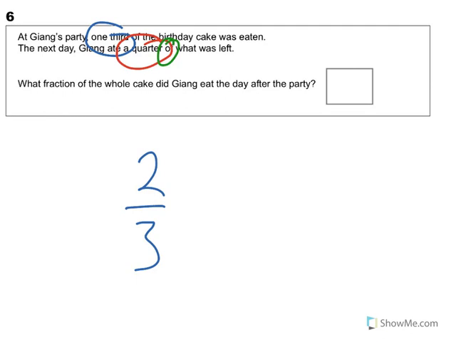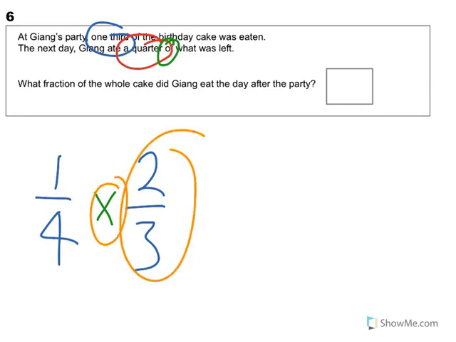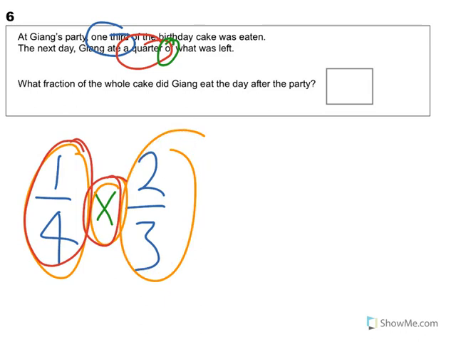You need to know that the word "of" means times. You know that there were 2/3 left, and "of" means times that quarter. So this whole sentence literally says a quarter of what was left.